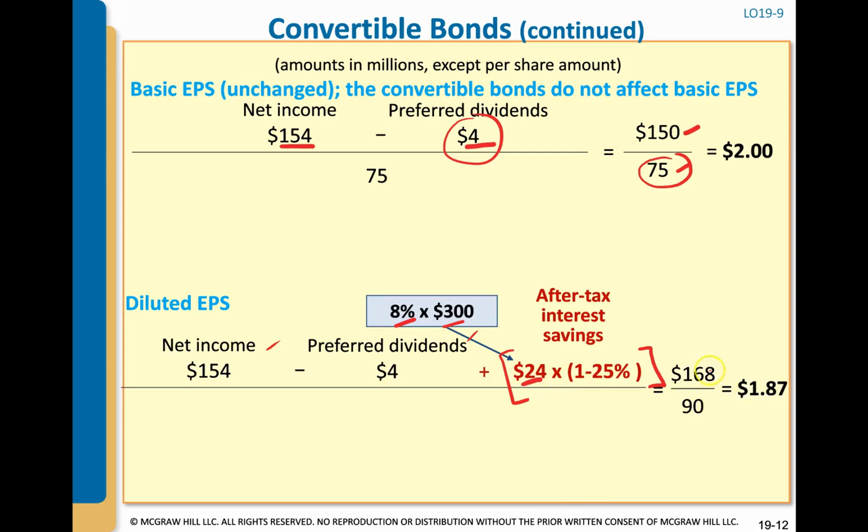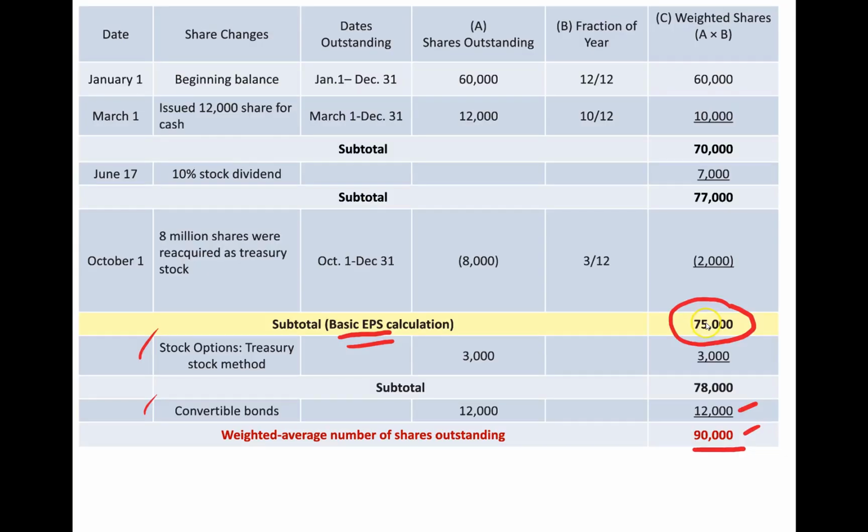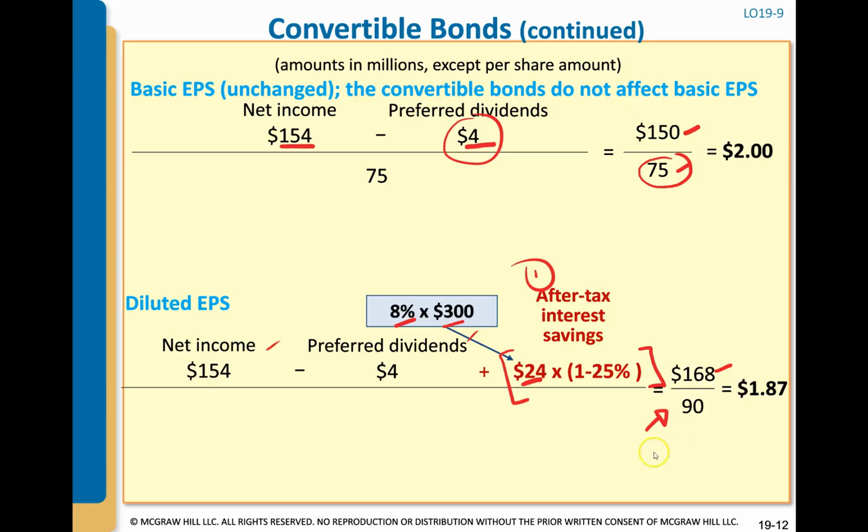And now our net income is $168 million, okay? And our numerator has now changed to 90, and that's based off of this table right here. So now my new earnings per share for my diluted earnings per share is $1.87.